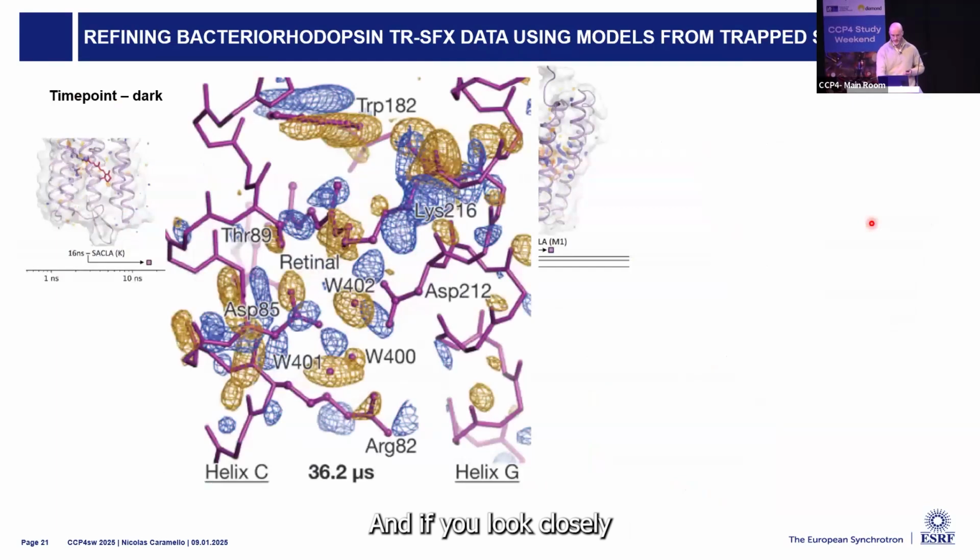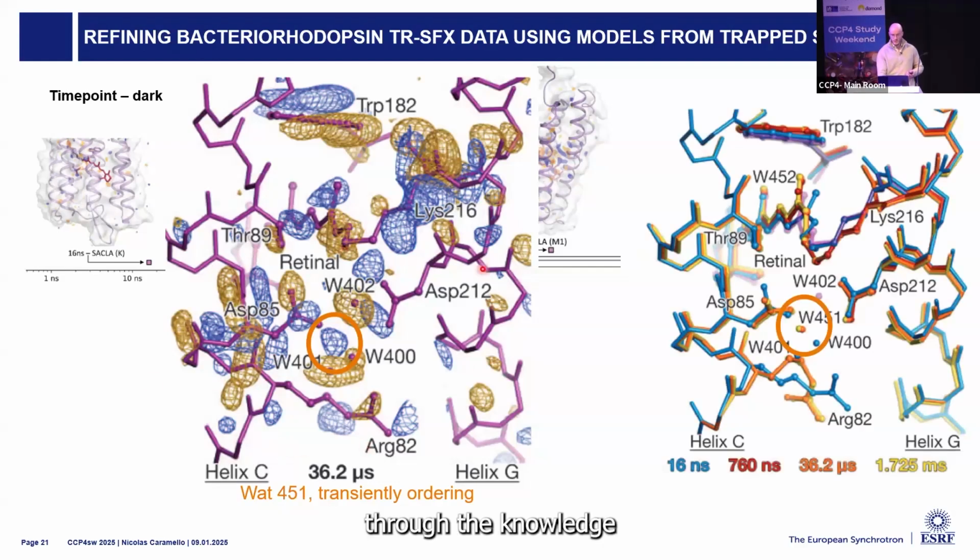And if you look closely at the isomorphous difference map, you might recognize this seemingly weak feature that corresponds to what the trapping structure featured as a transiently ordering water molecule. And in fact, through the knowledge of the trapped structure, and because that feature was present in several intermediates, the authors of the study were able to identify it as indeed the transiently ordering water, and to conclude that these two time points, microsecond and millisecond, contained the M state of the bacteriorhodopsin.